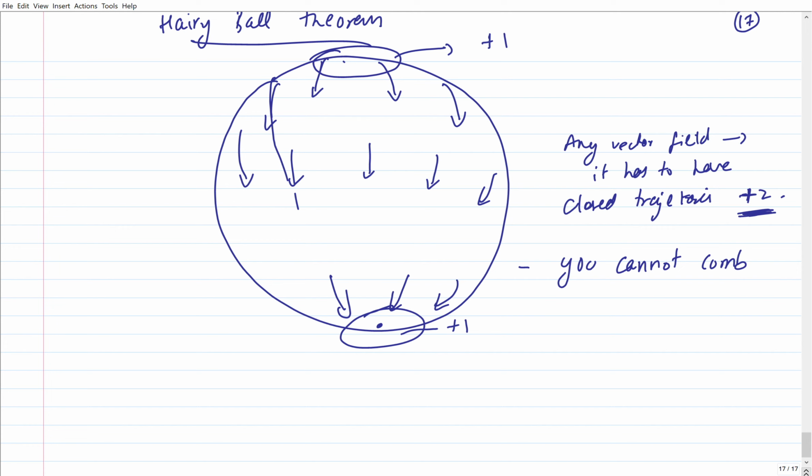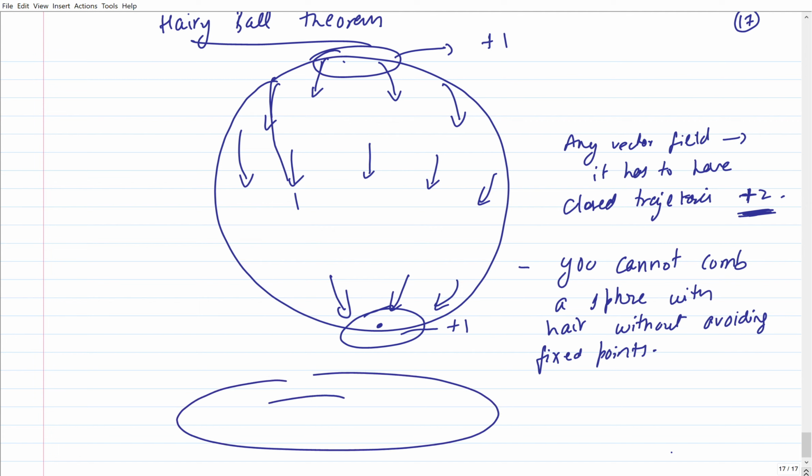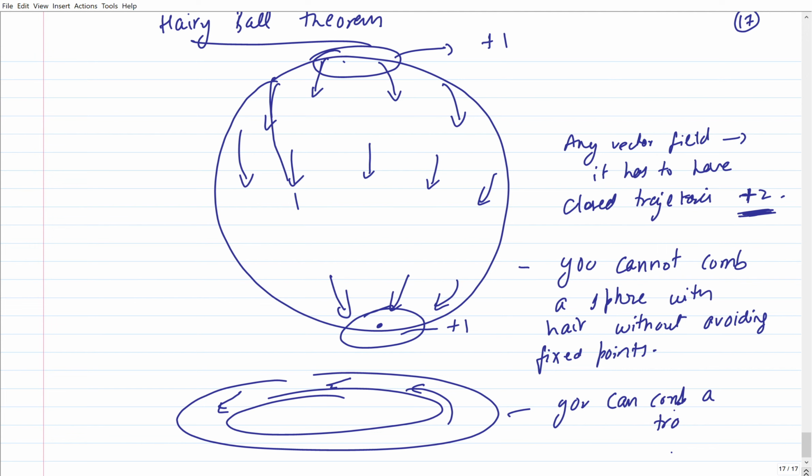So the idea is that you can't comb a sphere with hair without avoiding fixed points. But indeed, you can comb a torus. On the torus, you can comb a torus.